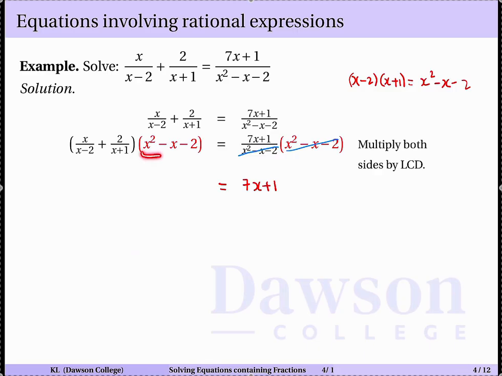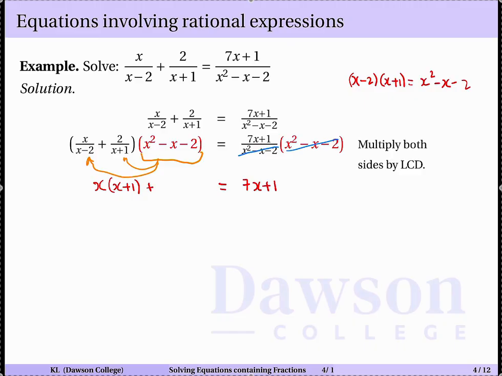On the other hand, if we distribute this over this sum, for the first one, we have a denominator x minus 2. So in this expression, the x minus 2 will be cancelled, and we will be left with x plus 1. So we will have x times x plus 1.